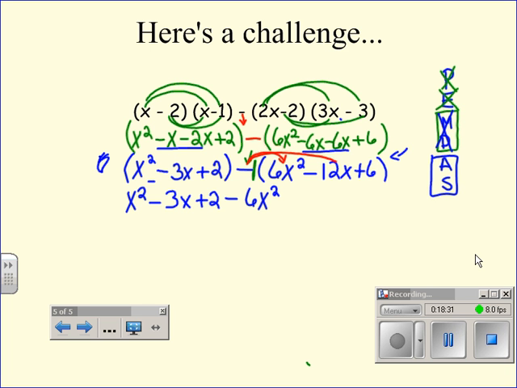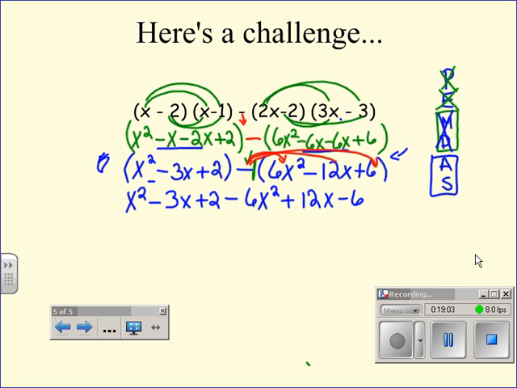A negative 12x times a negative 1 is going to make that a positive 12x. Then when I distribute my negative 1 to my 6, right now my 6 is positive, but when I distribute that negative 1, I'm now going to have a negative 6. So my 6x squared went negative, my negative 12x is now positive, and my positive 6 is now a negative 6.